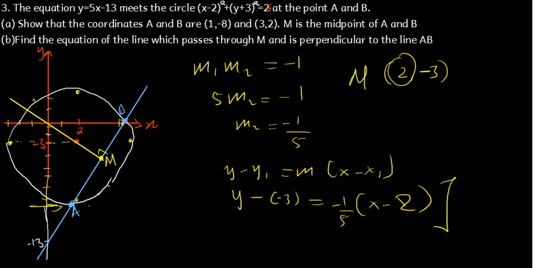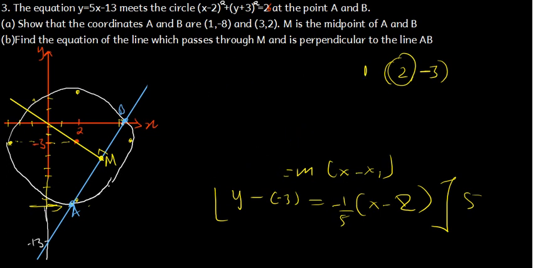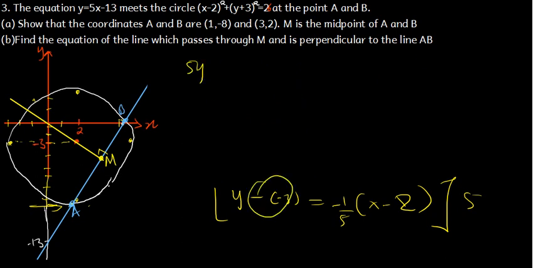Now at this point we just want to do away with the fraction, so we do away with the 5 down there, so we multiply by 5. So we are going to have y times 5, that is 5y. This is a positive number here, so it will be +3, also times 5, that will be 15, and that will be equal to, well, this 5 and this 5 cancel out, so we just remain with -1 times x minus 2.